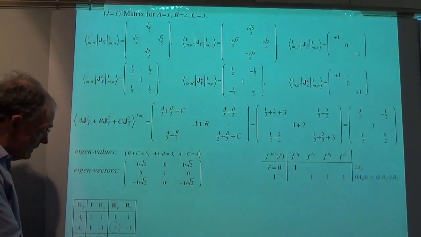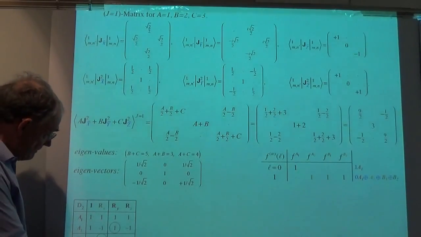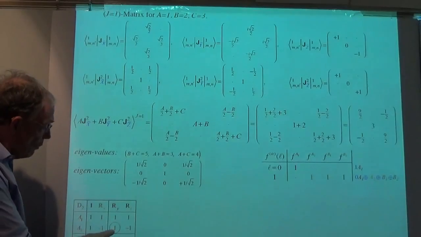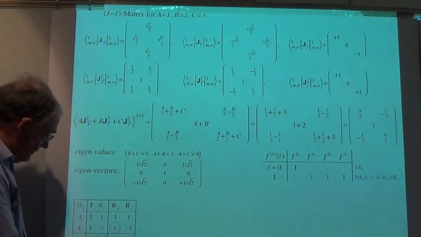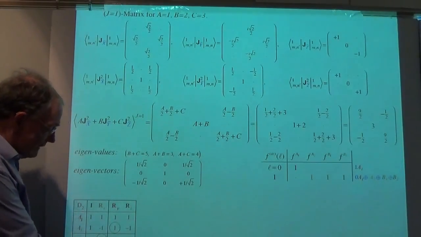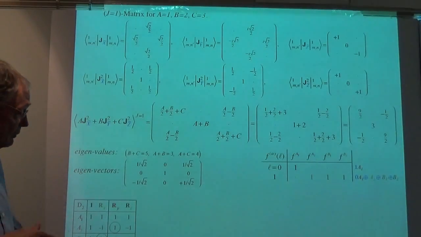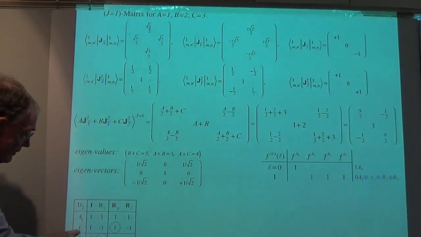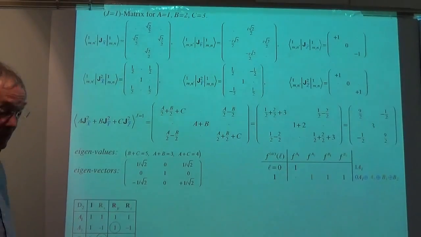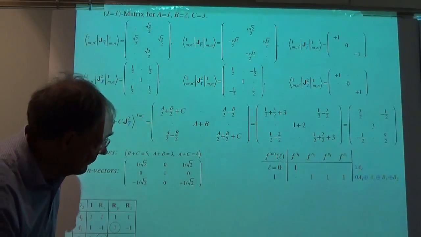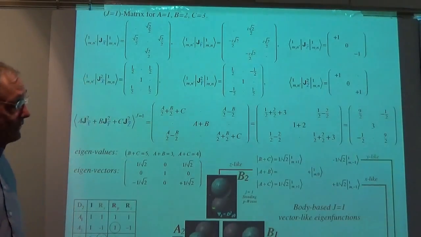So there's the B1 being x-like, the A2 being y-like, and the B2 being z-like. So that's another name that you could put on these group representation labels.